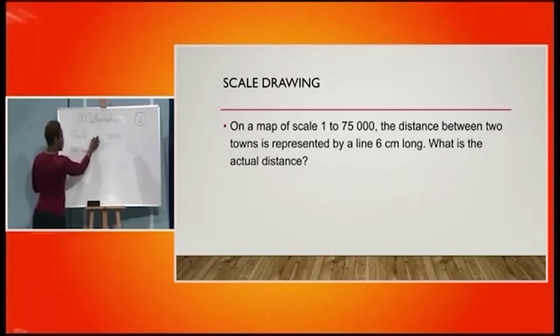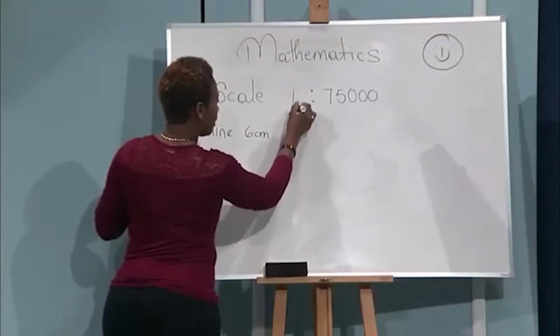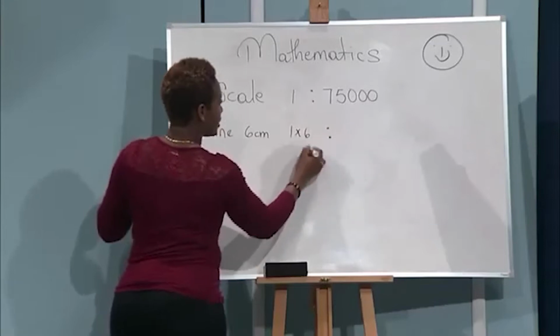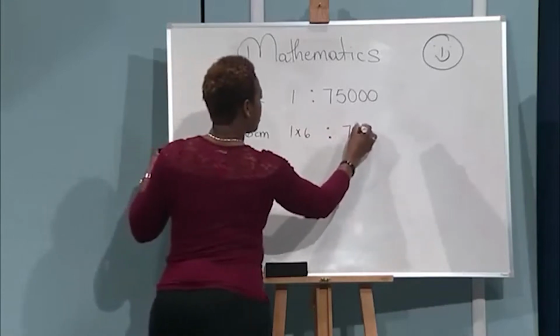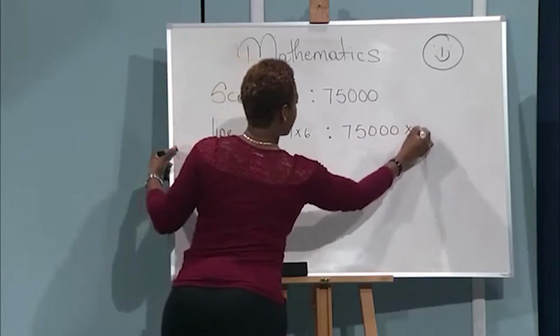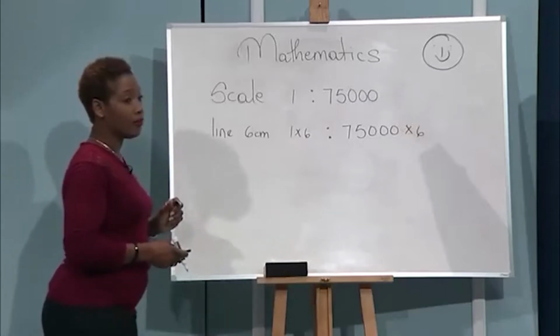So what is the relation with this 1 and 6? So we can now look at another ratio. So we're now going to look at it proportionally. So this would have been 1 times 6 to get it to 6. So therefore, we also must multiply this by 6 to get the measurement that we're looking for.